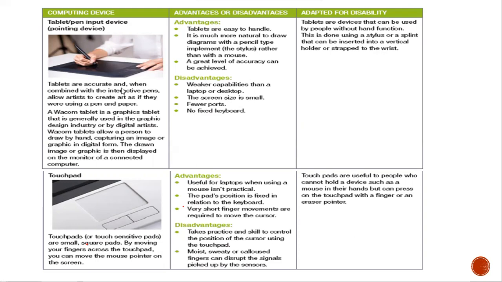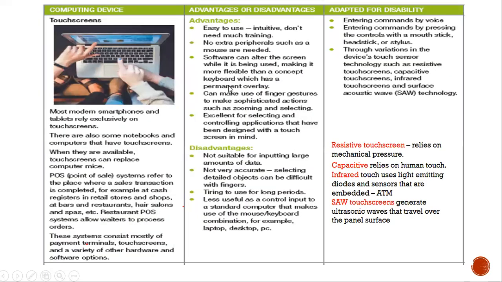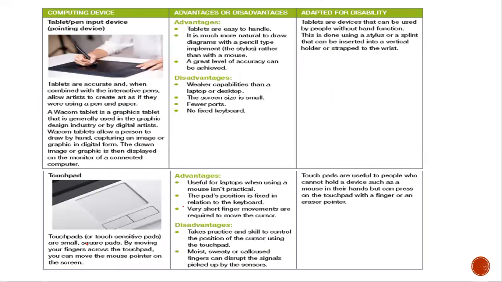The disadvantage is that it has weaker capabilities than a laptop or a desktop. The screen is smaller in size. It has fewer ports. There's no fixed keyboard. So a tablet has these disadvantages in terms of you cannot add in a full keyboard.